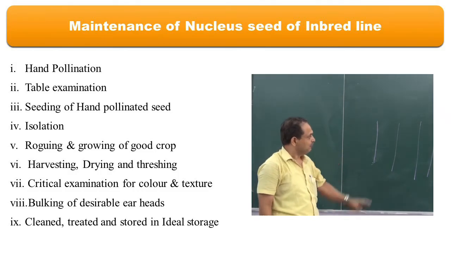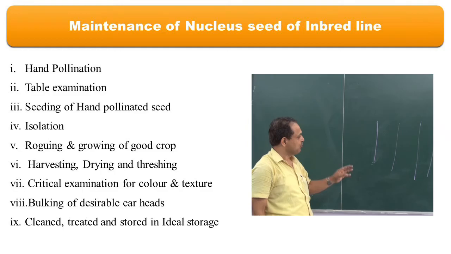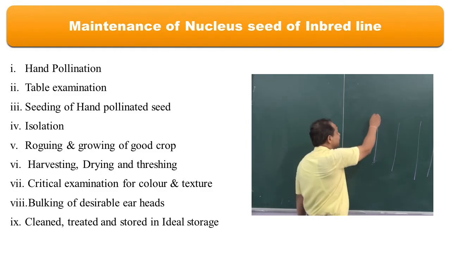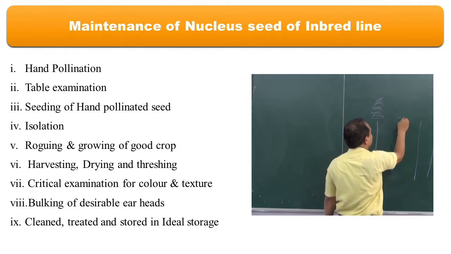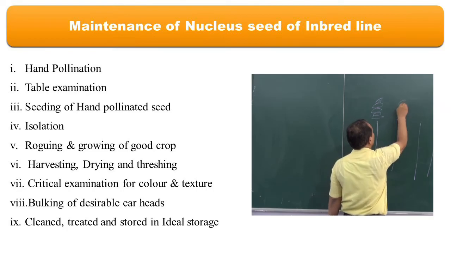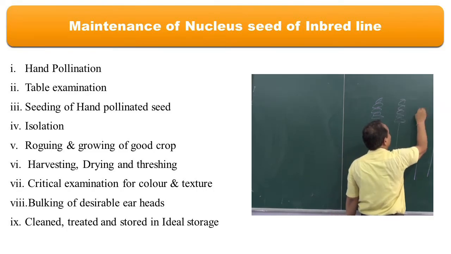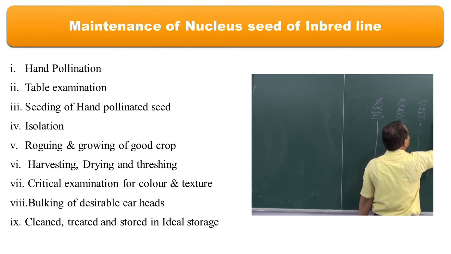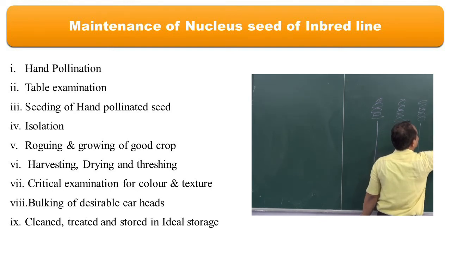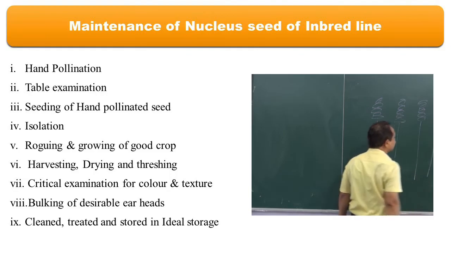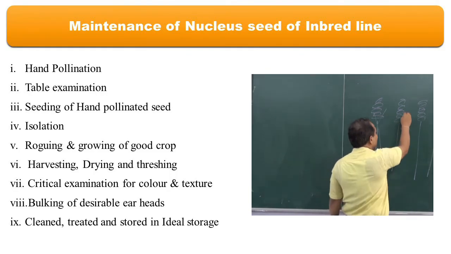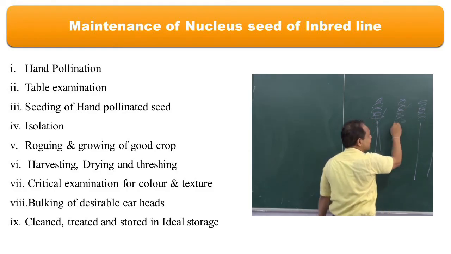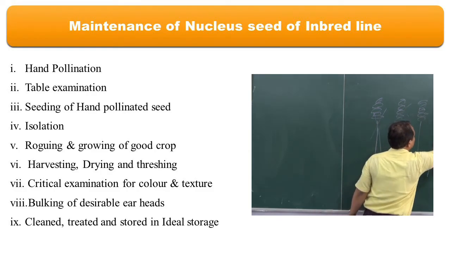After maturity, when we harvest these single rows, the materials of each and every row are arranged in this way and critically examined. If there are any variations present, we can discard all of that progeny and select this one, this one, this one, like this.